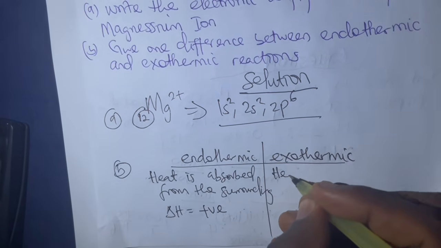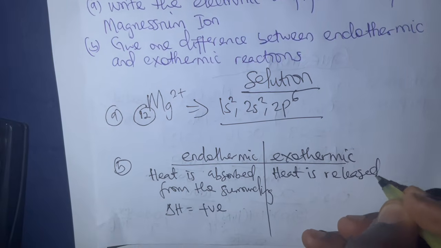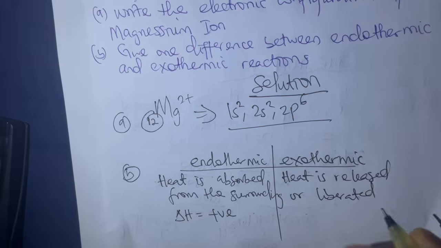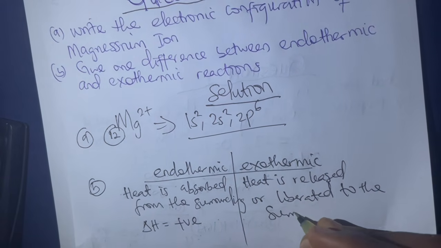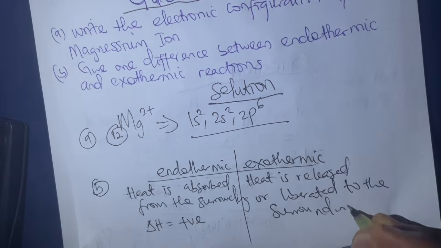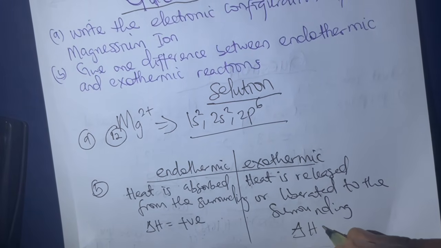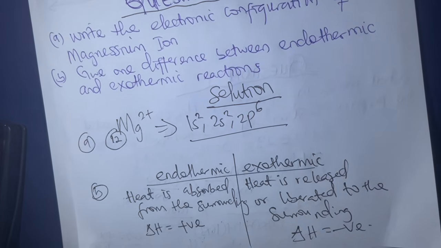For exothermic, heat is released or liberated to the surrounding, so delta H is negative. Okay, that's that for question number 3.